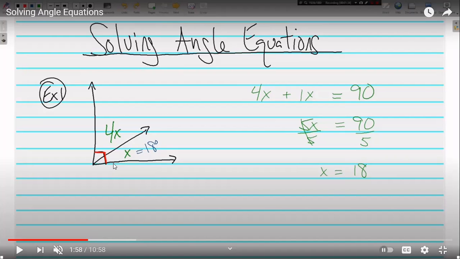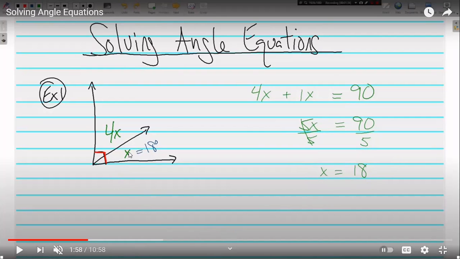So we make the equation 4x plus 1x equals 90. Then 5x equals 90. We will divide both by 5. Then the value of x equals 18. We will go back to the equation. Why? We will replace x and put instead of it how many?